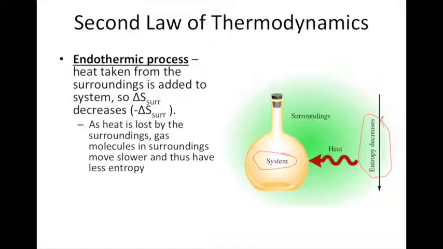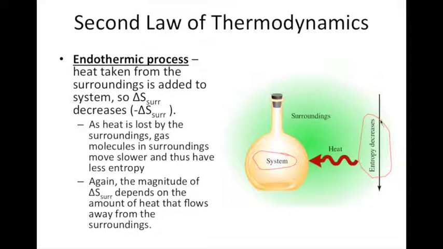So the entropy of the surroundings is related to the enthalpy of the system. And we express it in those terms because we know how to calculate enthalpy of the system very readily. And again, the magnitude of the entropy change of the surroundings is related to the change in heat, how much heat flows into the system.